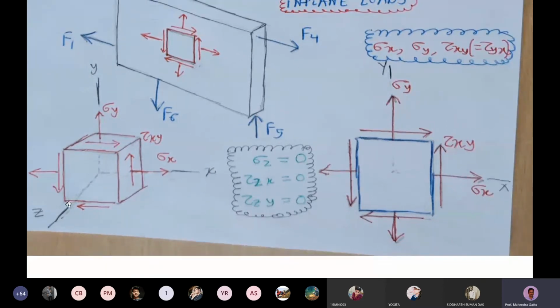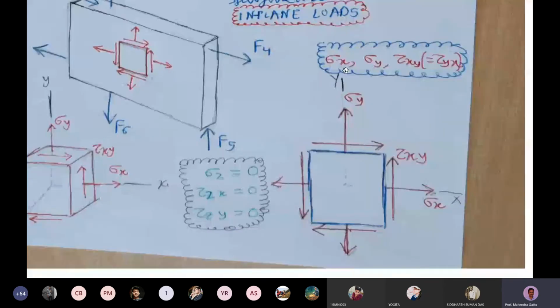What we can do is look at this stress element from the z-axis, and we will get a two-dimensional view. So we have the normal stress components sigma x, sigma y, and the shear stress component tau xy. Tau xy is equal to tau yx for force equilibrium and moment equilibrium to hold. So in plane stress, we have two normal stresses and one shear stress.